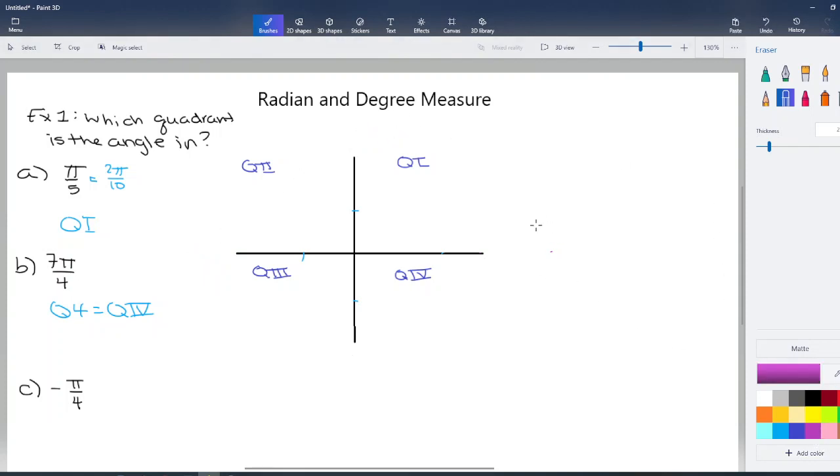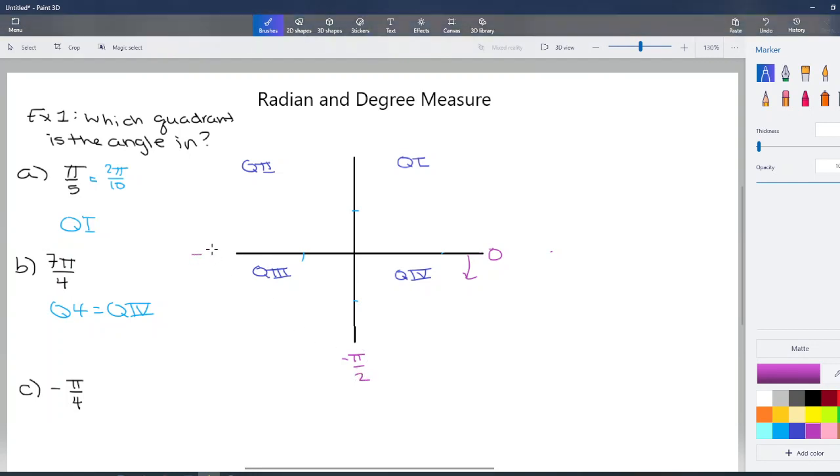So if we think about that, this angle is still 0, and then if we're opening clockwise, the angle measures are the same, but now they're negative. So we open this way. This first demarcation is going to be negative pi over 2. This one is going to be negative pi, right? And this one is going to be negative 3 pi over 2.